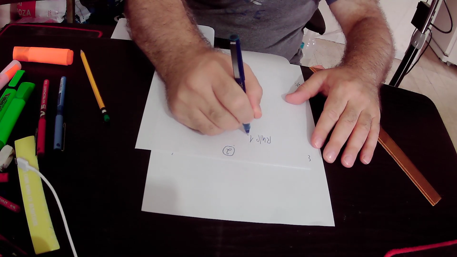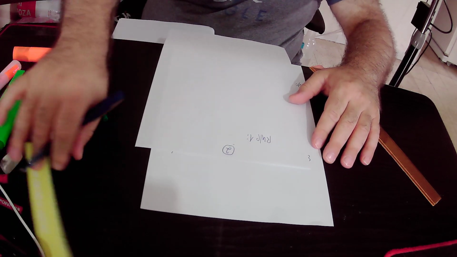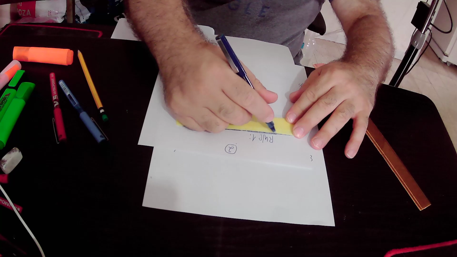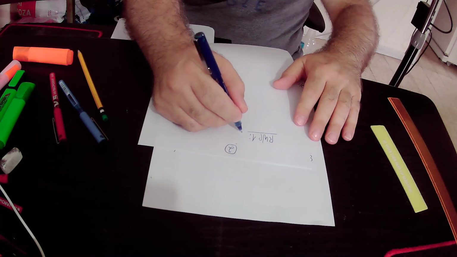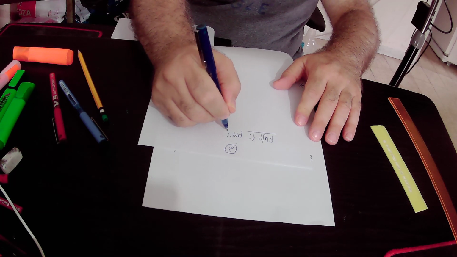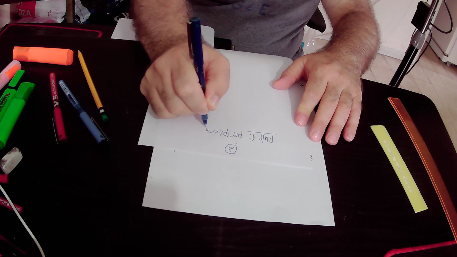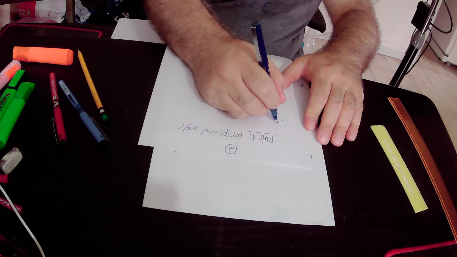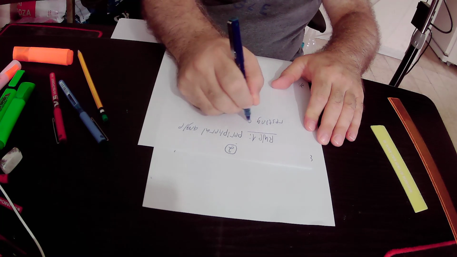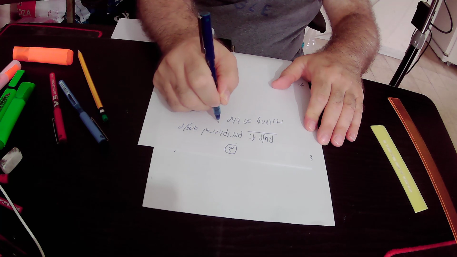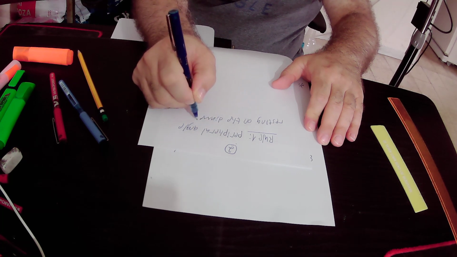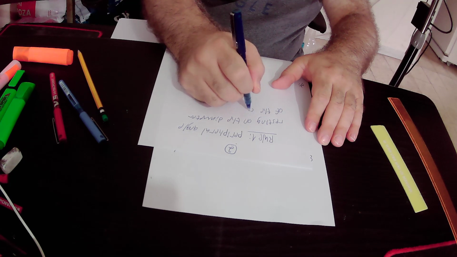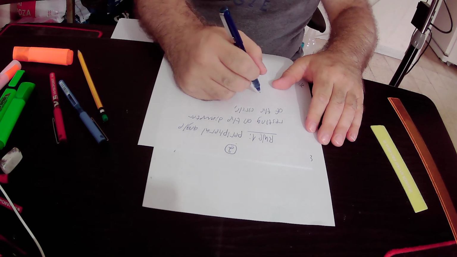Rule number 1 states that peripheral angle resting on the diameter of the circle equals 90 degrees.